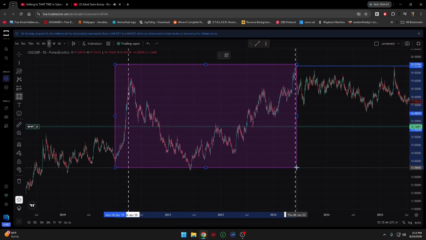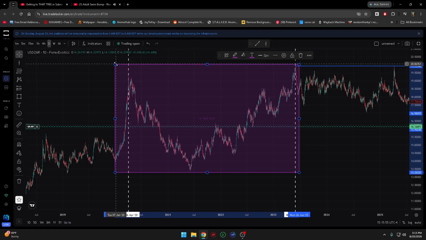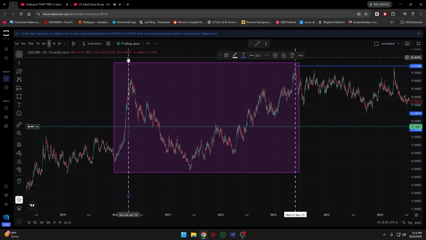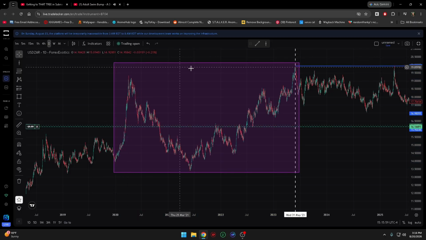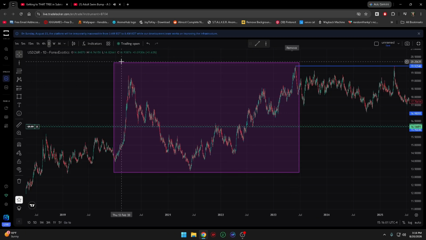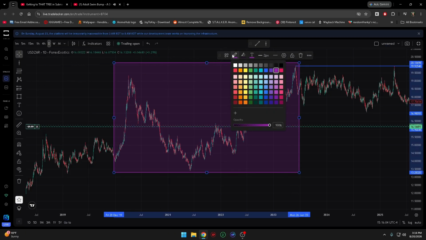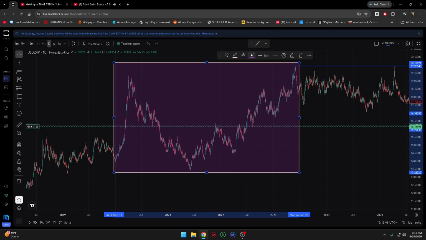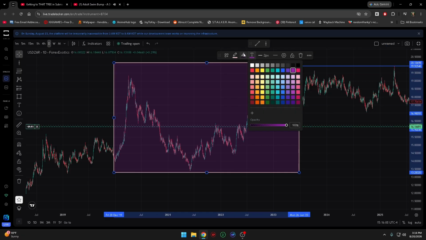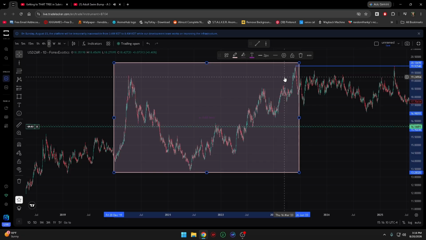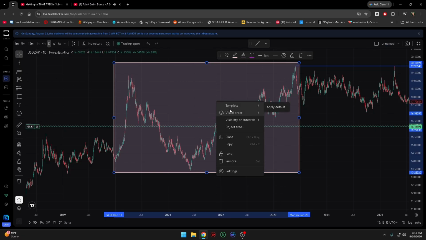I only worry about this range right here. And I'm gonna just extend it outward a little bit just so everything can be seen. Delete those lines. And it's just box colors to something we know. Put this side there.